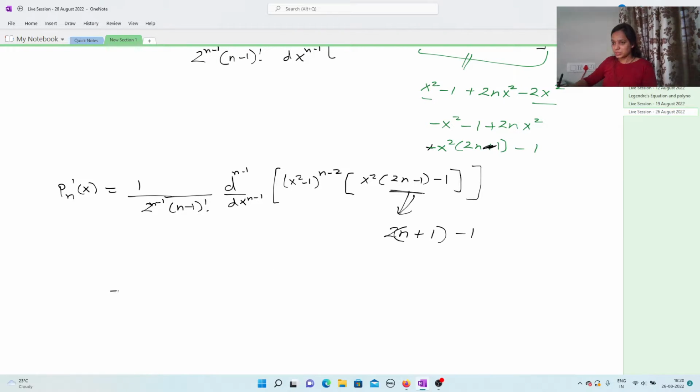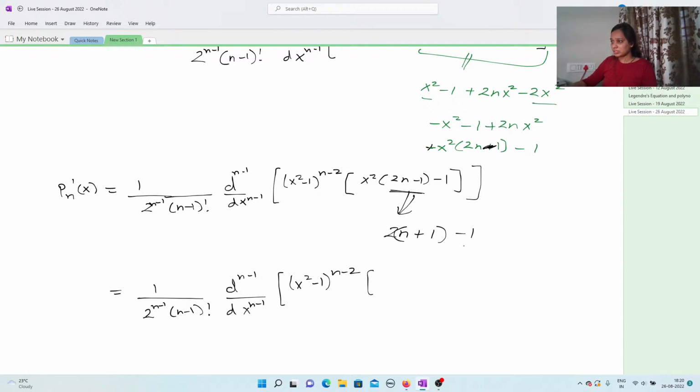So let's open it in that way. 1 over 2 to the power n minus 1 into n minus 1 factorial d to the power n minus 1 dx n minus 1, x square minus 1 to the power n minus 2.